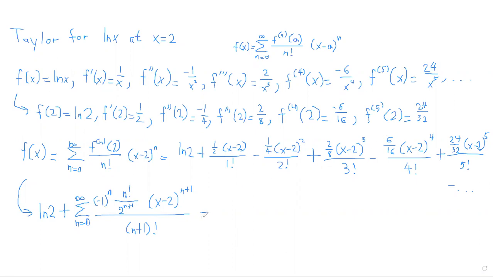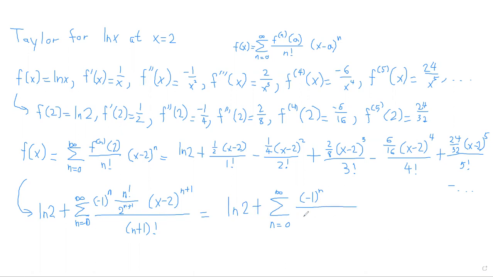And this is equal to ln 2. This can be simplified, like I said earlier, plus the sum from n equals 0 to infinity of negative 1 to the power of n, and n factorial over n plus 1 factorial is just n plus 1.